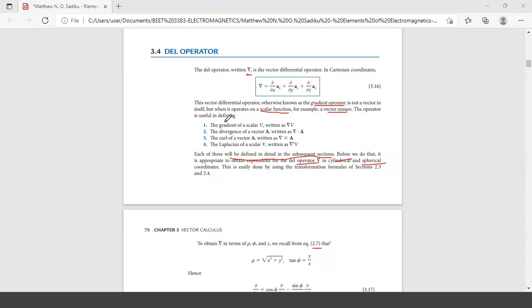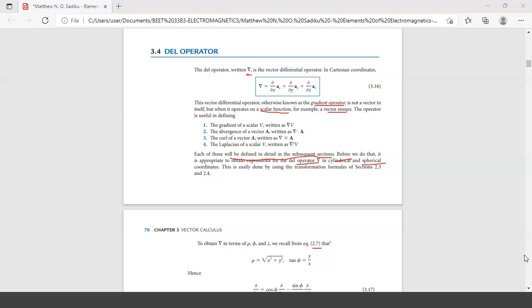The operator is useful in defining in this chapter the gradient of a scalar V written as del V, the divergence of a vector A written as del dot A, the curl of a vector A written as del cross A, and the last one, the Laplacian of a scalar V written as del squared V. Each of these will be defined in detail in subsequent sections.